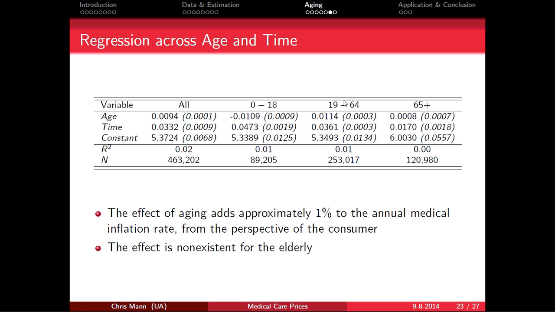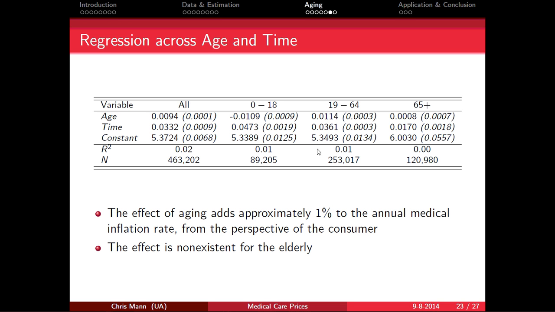However, as you get older, once you become part of the working age group, then the effect of aging is pretty significant, right? Now, whenever going from year to year, your average price per treatment is going up over 1%. And that's purely due to the fact that you're getting older and the types of treatments that you're now receiving are becoming more expensive.